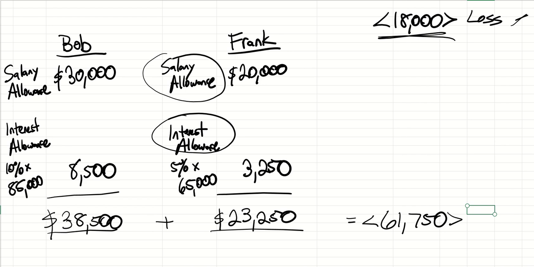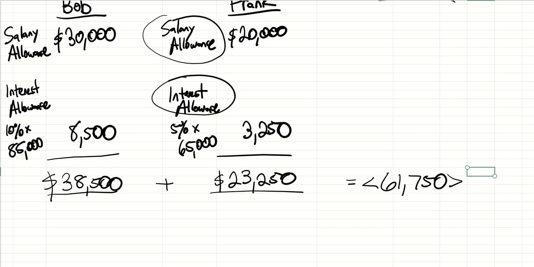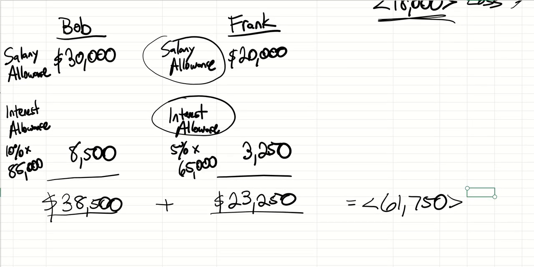So that way, when we add $18,000 to $61,000, that's going to actually bring up the loss from $18,000 to $79,750. So it just increases that loss.